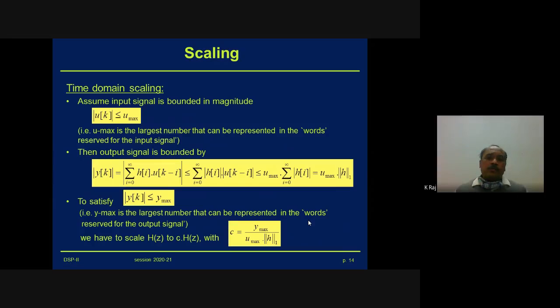Again, we are repeating this. In this example we have decided what must be the value of C. And what is C? This is the scaling factor. Why are we using the scaling factor? To avoid the overflow. If we want to get the value of C, then C will be the maximum value of the output divided by the maximum value of the input multiplied by the summable value of the transfer function.